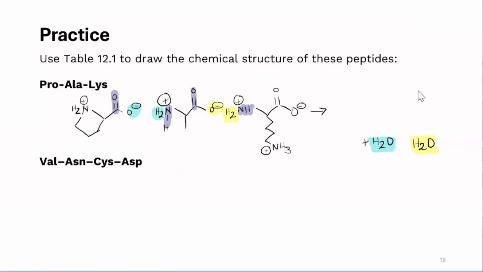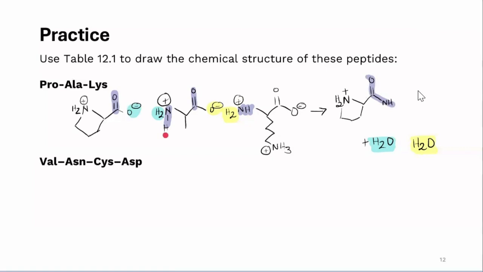So when I write overall my final answer, I'm going to draw NH2, positively charged, alpha carbon C double bond O, and then I'm going to connect that to NH. So I keep it consistent. That is what I highlighted in purple.